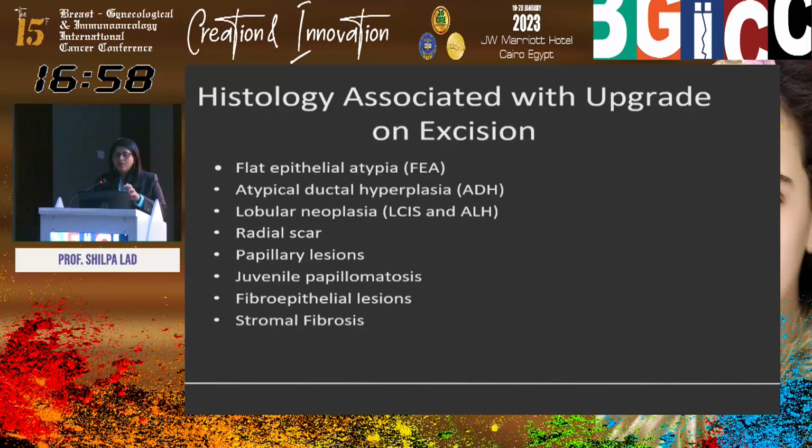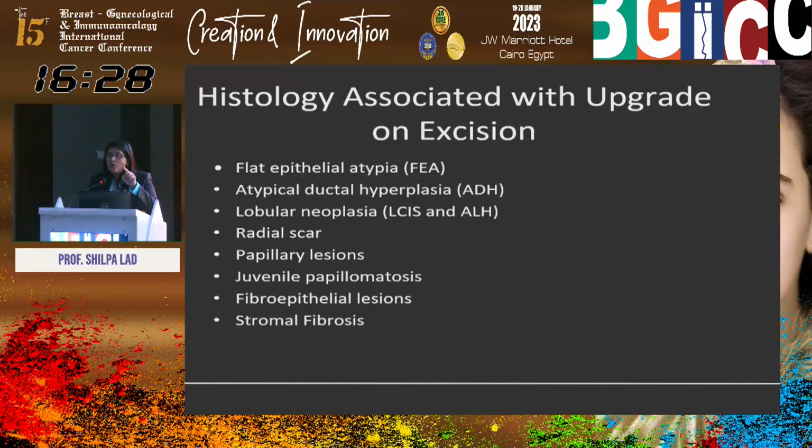Some of the lesions which are associated with upgraded excision, which means the first pathology may show us some form of precancerous or atypical lesion, and after surgical excision, it may show some form of cancerous or precancerous lesion. So these are those lesions: flat epithelial atypia, atypical ductal hyperplasia, lobular neoplasias, radial scar, papillary lesions, juvenile papillomatosis, fibroepithelial lesions, stromal fibrosis.